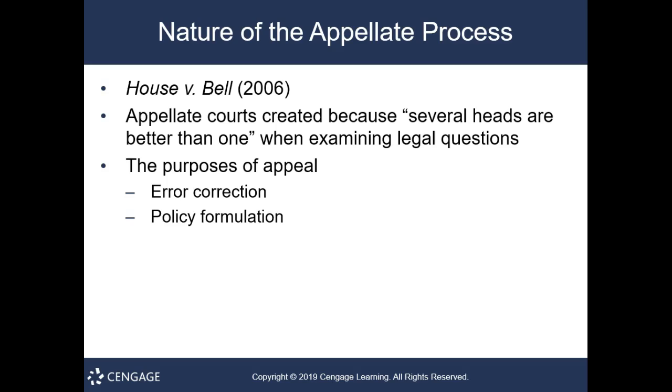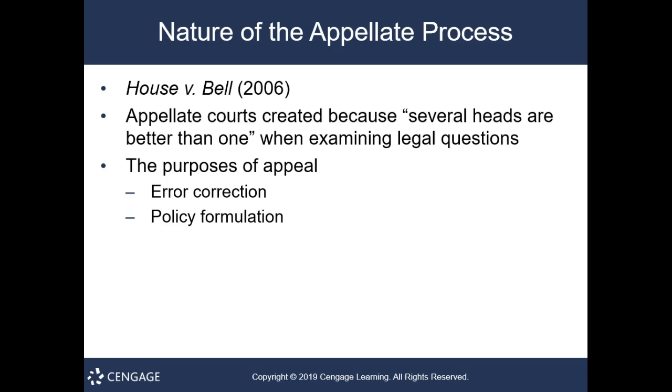And again, the purposes of the appeal are error correction and policy formulation. So what this means is that we're gonna find errors. We may or may not correct them depending upon whether they are harmless error or not, but we find them, we evaluate them in terms of whether we should send it back for a new trial.